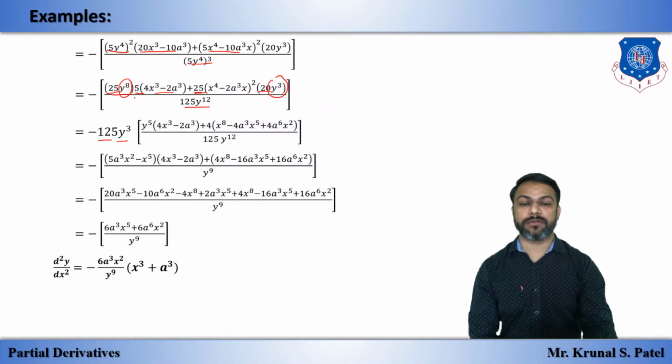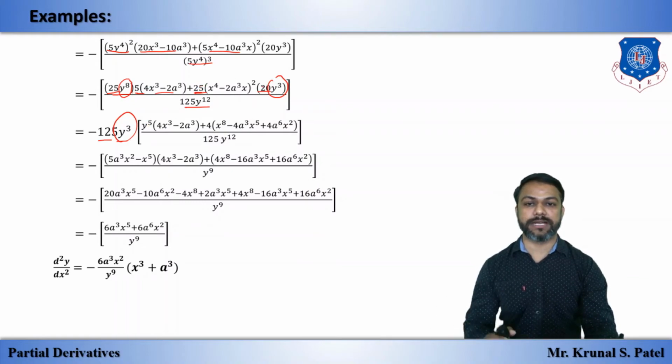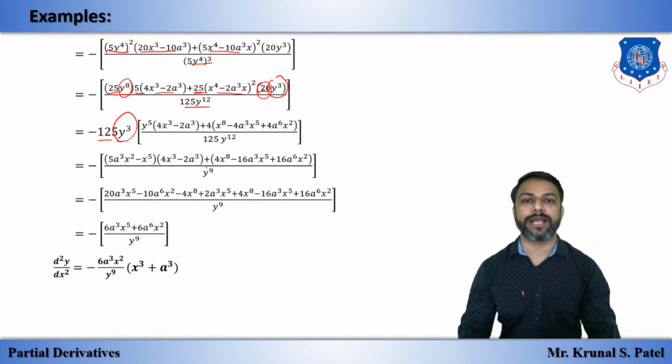So the remaining terms, if we take y cube from here, are y raised to 5 in this bracket, plus 25 we have taken outside, and y cube also common, and 5 from this 20, so we have 4 remaining, and this whole square we expand by using the a minus b whole square formula: a square minus 2ab plus b square, and the denominator as it is.